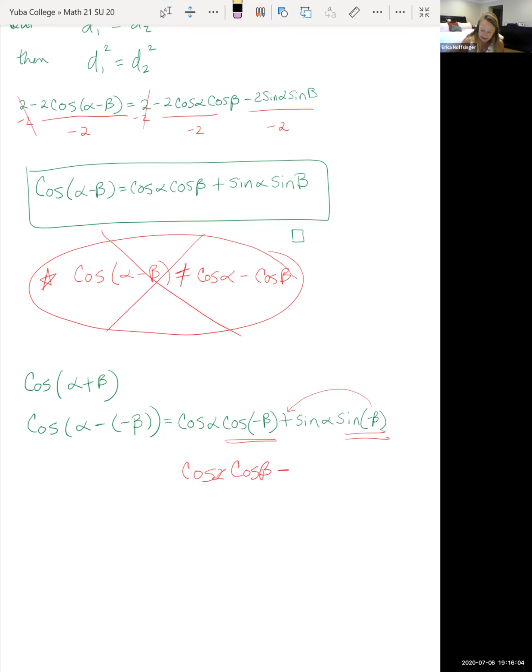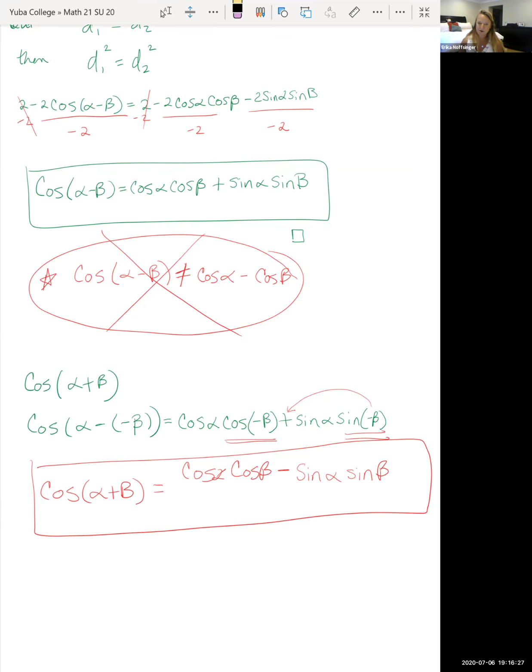So this is minus sine alpha, sine beta. So this is our formula for the addition. Which was so much easier to do than drawing that picture and finding distances and stuff like that.